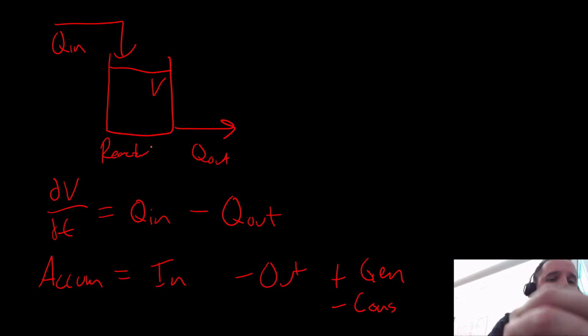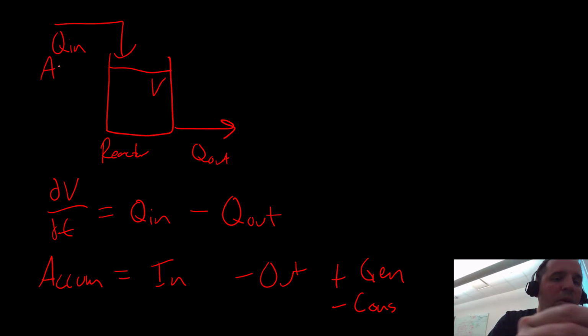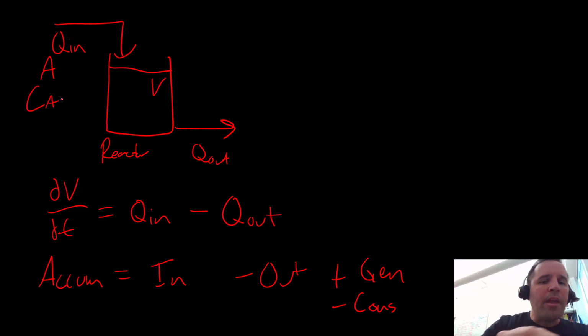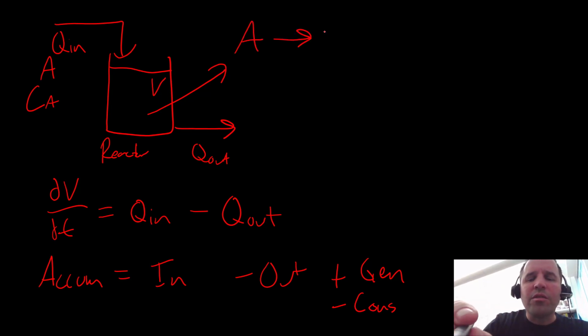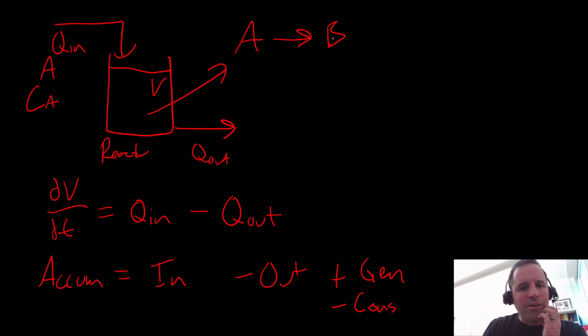So let's assume that what's flowing in is component A with a concentration of C sub A. Inside the reactor, we have this reaction where A converts to B, and these are sort of fictitious chemical compounds.